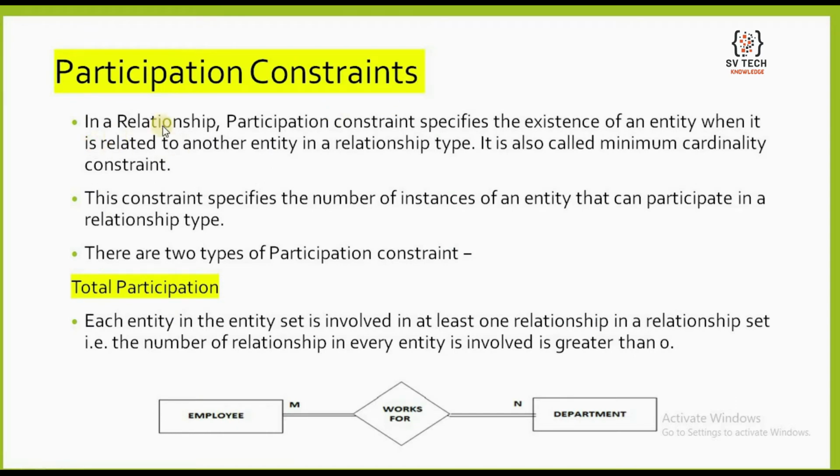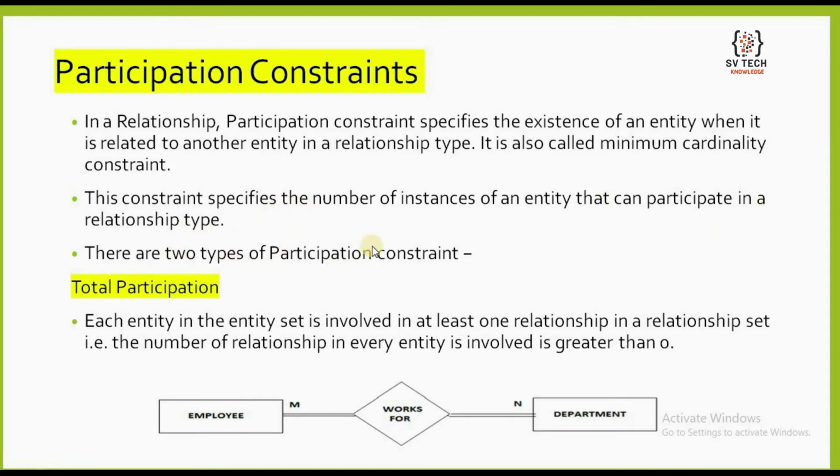Participation constraints. In a relationship, a participation constraint specifies the existence of an entity when it is related to another entity in a relationship type. It is also called the minimum cardinality constraint. This constraint specifies the number of instances of an entity that can participate in a relationship type.